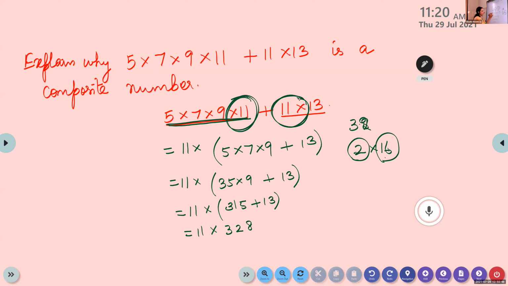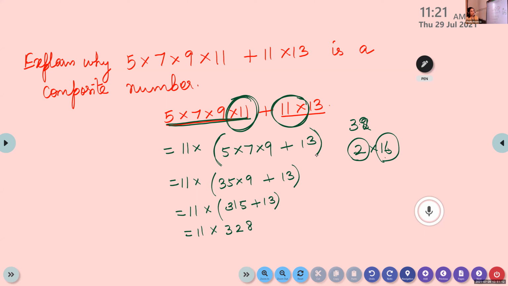Inside the bracket, when we multiply 5 into 7 into 9, we get 315 plus 13. So the given number we are able to write as 11 into 328. So 11 is a factor. Similarly, 328 is a factor, yes or no?